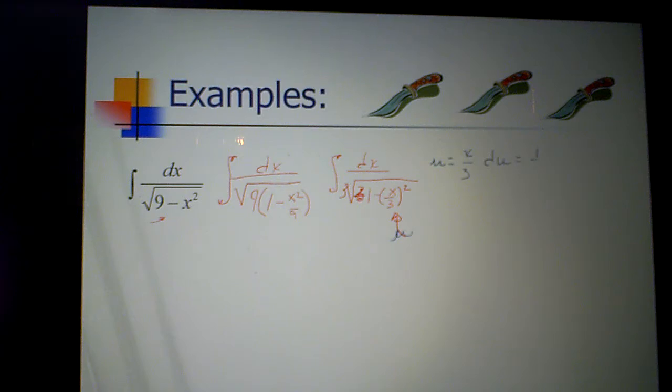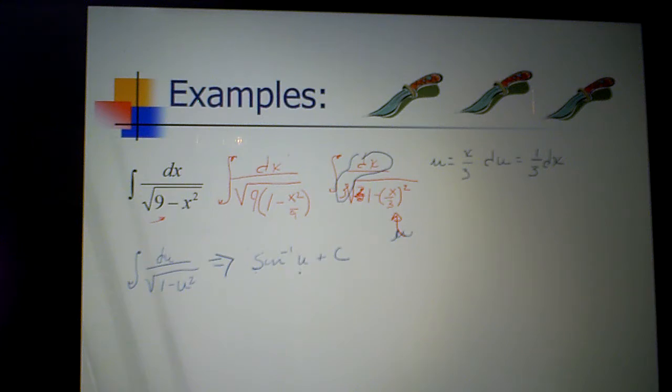du is 1/3 dx. Now normally, I look at this and I say I'm going to get the dx by itself because I have dx over here by itself, or do I? That's 1/3 dx right there, and I have 1/3 dx here, so I can just do a direct substitution. So I can do du over the square root of 1 minus u squared, which fits into my antiderivative formula, plus my vertical shift.